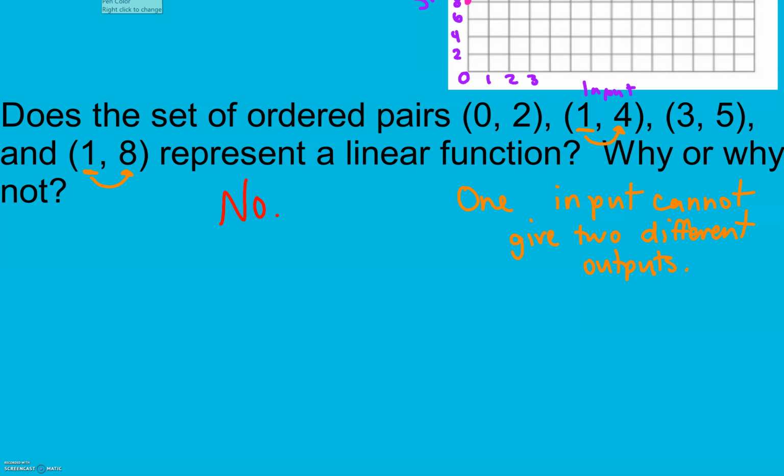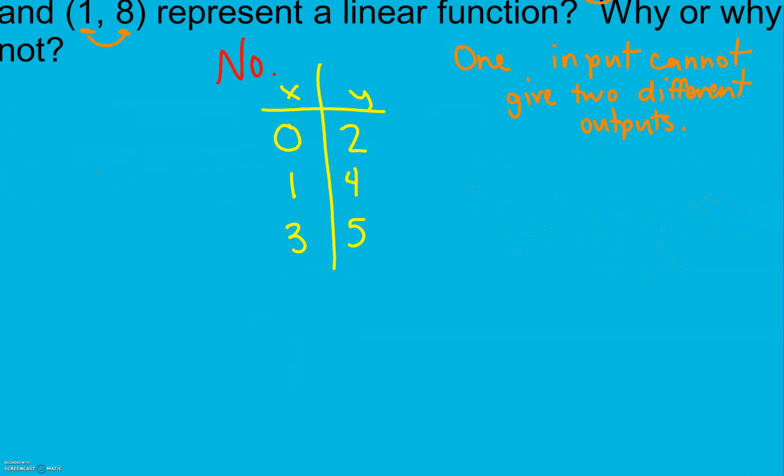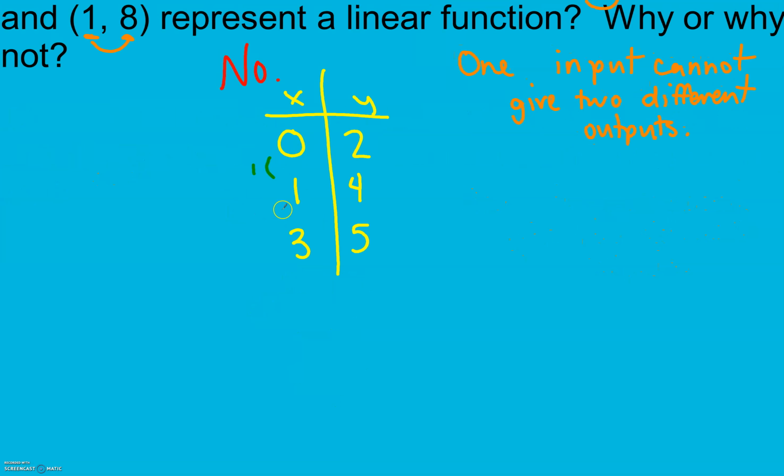The other way we can tell here is if we try and figure out our change between them. So even if we just use the points 0, 2, 1, 4, and 3, 5, and forget about that 1, 8. Here, my change in x's is 1. Again, from 0 to 1 is 1, and from 1 to 3 is 2. From 2 to 4 is up 2, and from 4 to 5 is up 1.